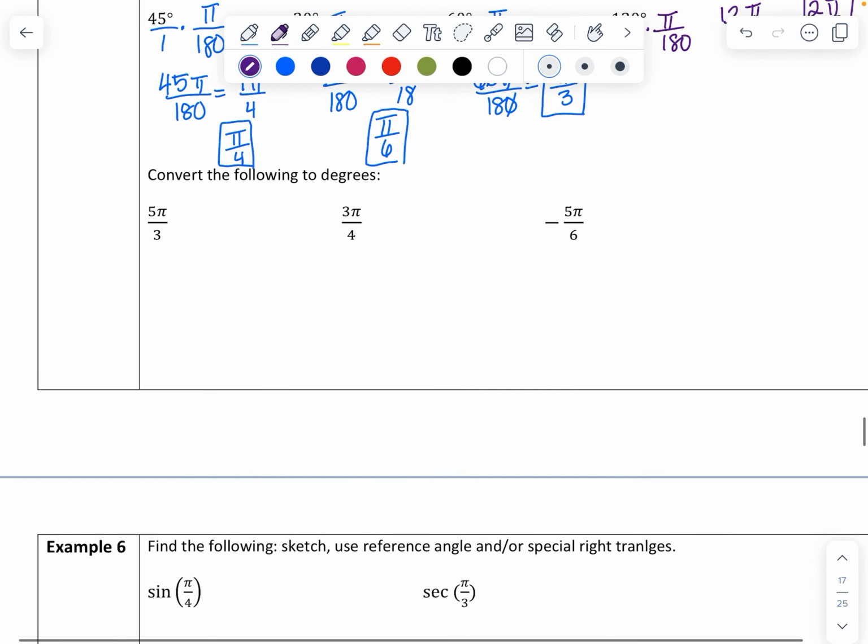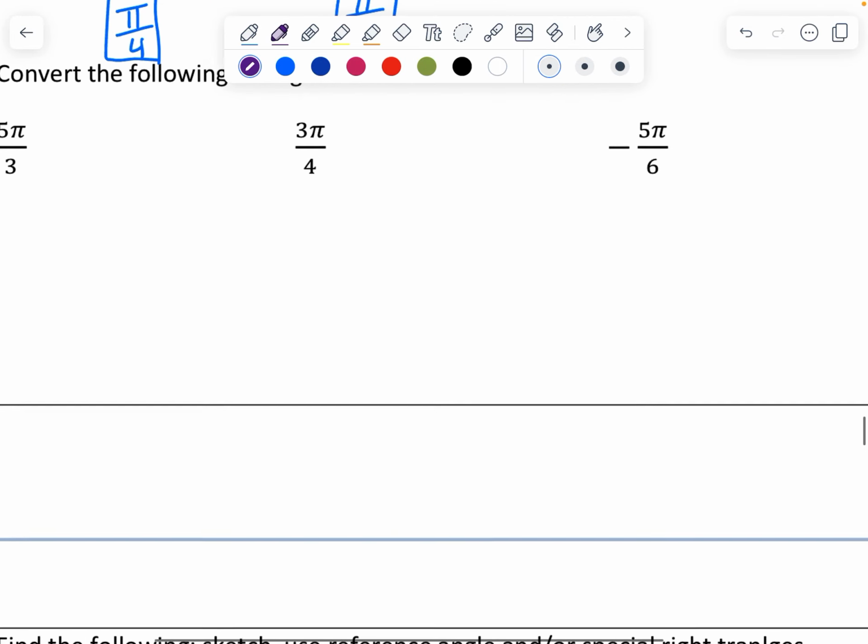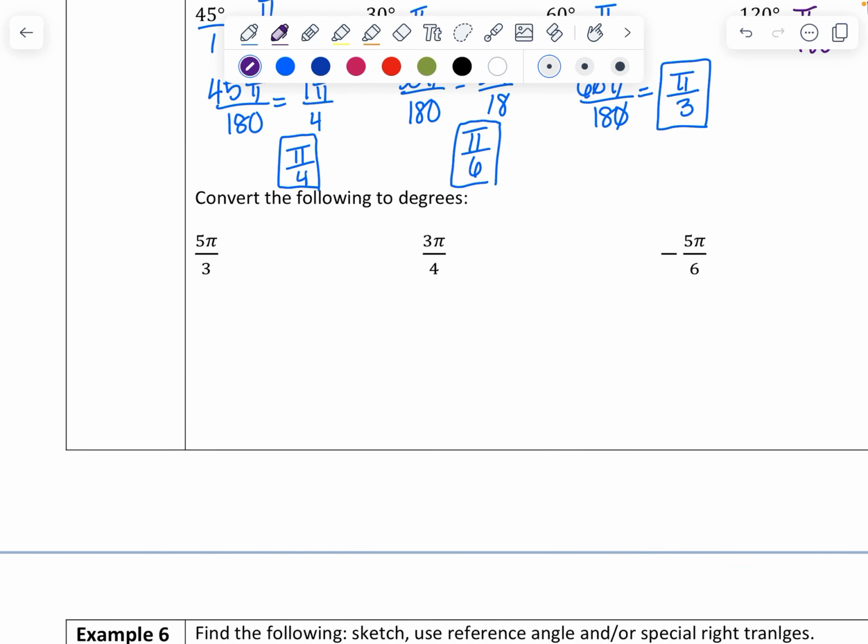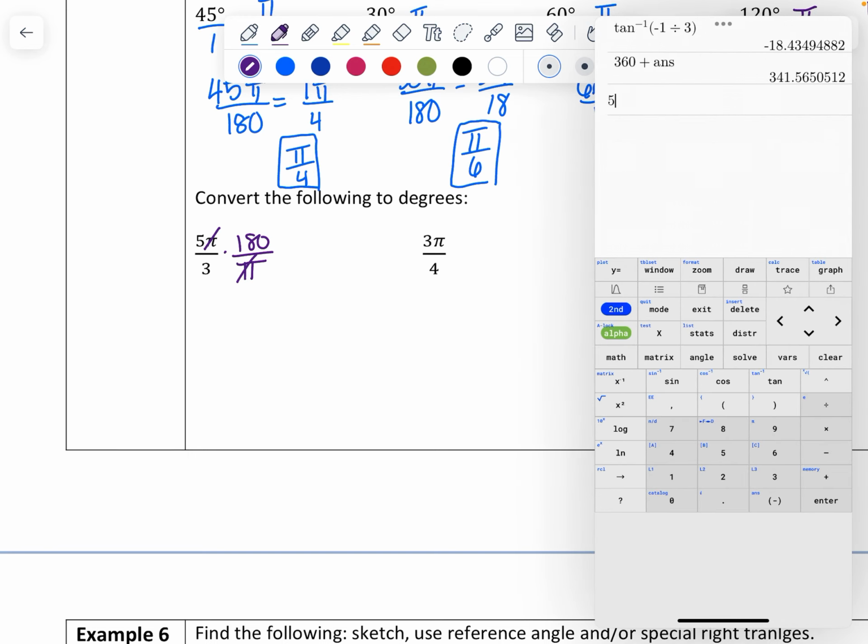To go backwards, you want to convert to degrees. You're going to multiply by 180 over pi. So 5 pi over 3 times 180 over pi is going to cancel pi. And then you can either multiply 5 times 180 on top, which would be 900, and then we have 3 times 1, which is 3.